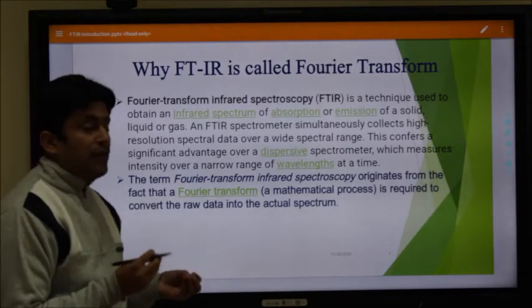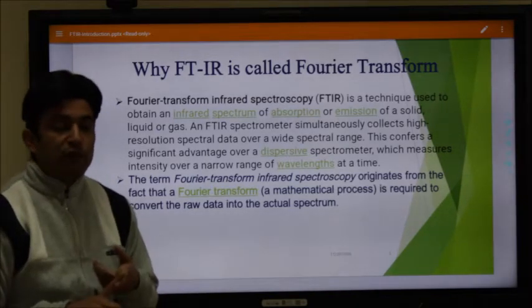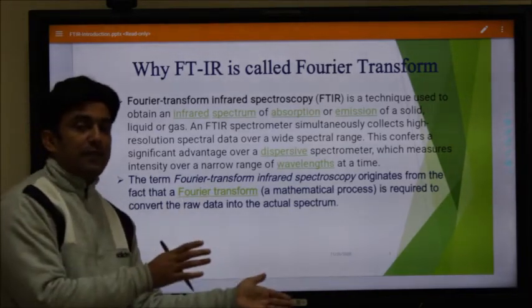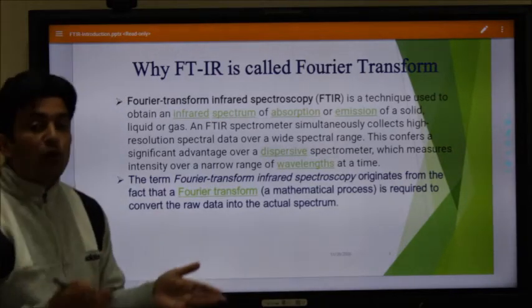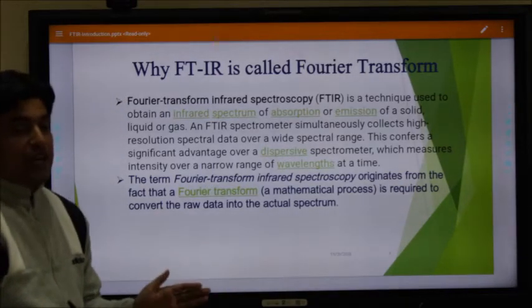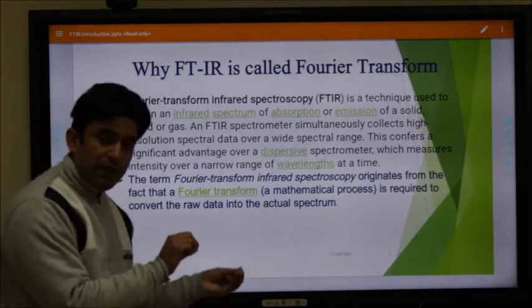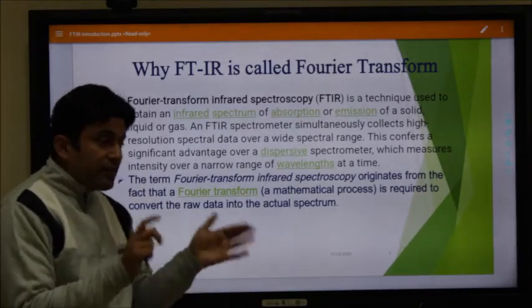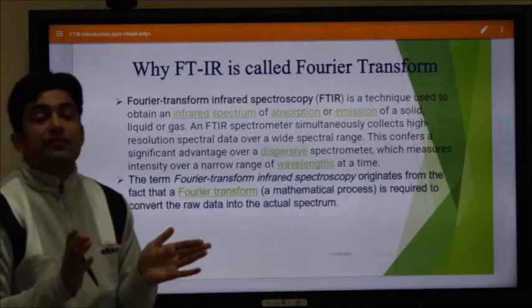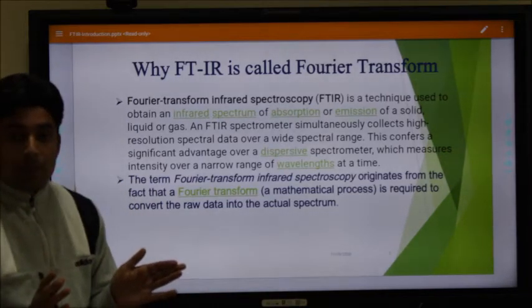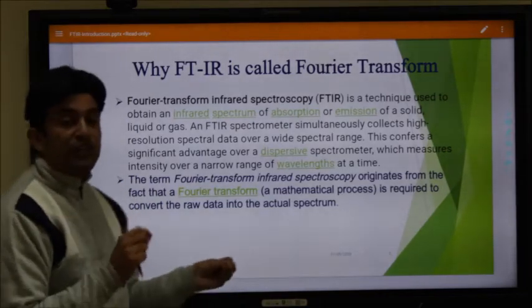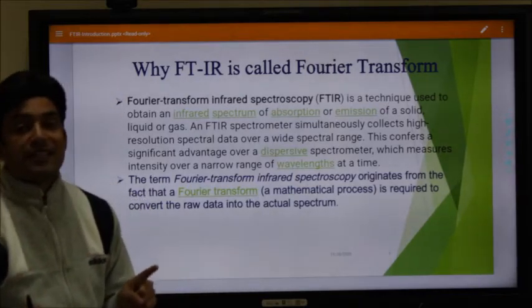For example, if we are using a solid sample and we don't know what functional groups are present in it, whether there is an alcohol or an acid, we put it in an FTIR instrument and it gives us information about the different kinds of functional groups present in it.